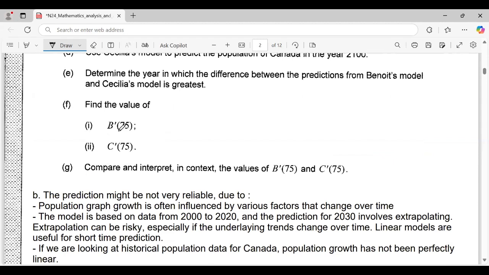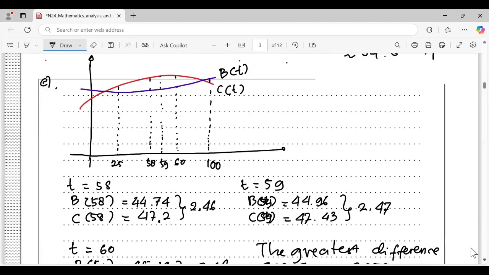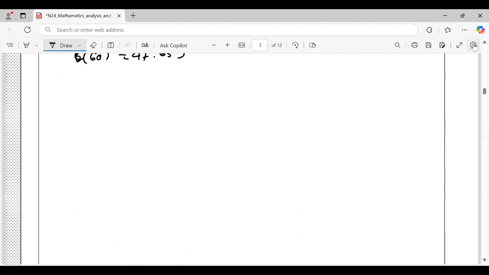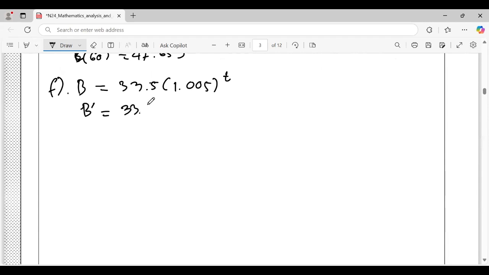This is a derivative question, so we are going to find the derivative of B first and then the derivative of function C. B equals 30.5 times 1.005^t, and then the derivative of B equals 30.5 times 1.005^t ln(1.005).